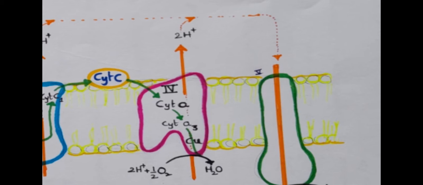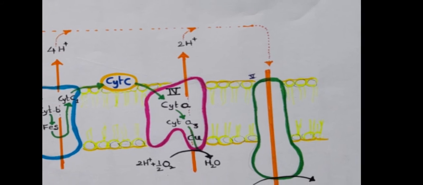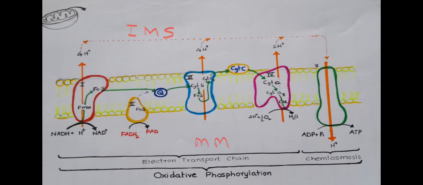And energy released during the electron transport is available to specific protein complexes. Here you can see the first enzyme complex is transporting the protons, and the third and fourth enzyme complexes also. So these three complexes are involved in proton translocation.